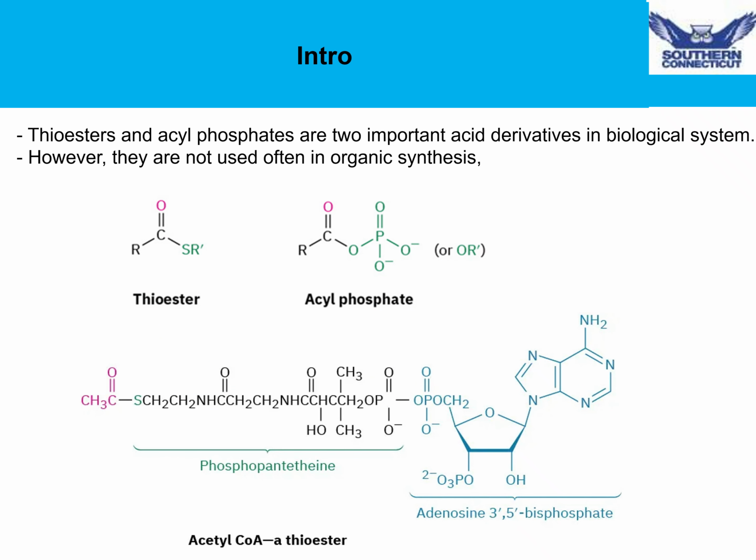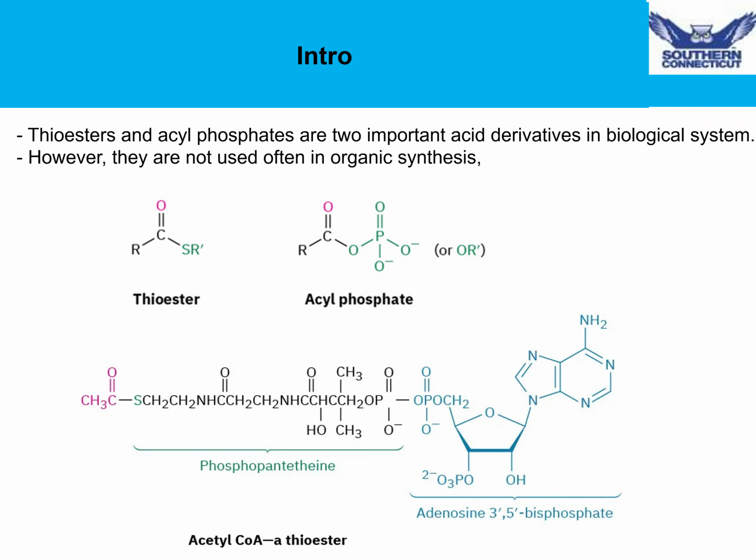There are two additional acid derivatives that you should be familiar with, although they're often not used in organic synthesis in a typical organic lab. They are important acid derivatives when it comes to biological systems.